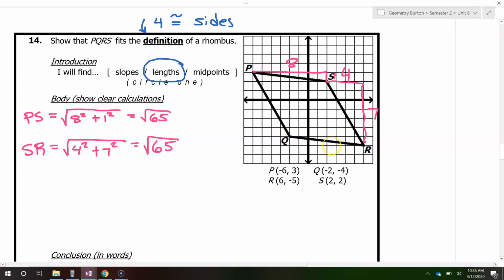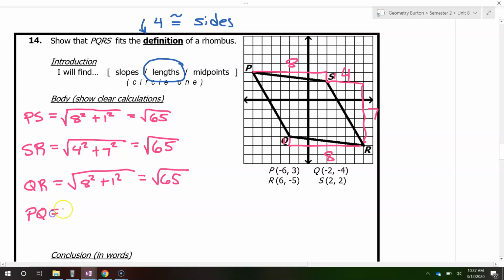Now let's find QR, the length of QR. Again, it's going to be the same little narrow right triangle. It looks the same as the one up there because I'm going to have a 1 and an 8 again. So of course that's going to be the square root of 8 squared plus 1 squared. Again, I'm going to get the square root of 65. And finally, PQ.